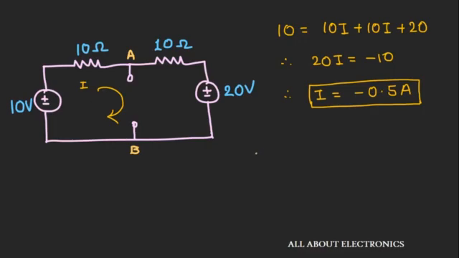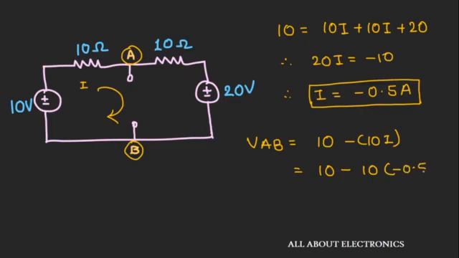Now the Thevenin's voltage is nothing but the voltage across terminals A and B. So VAB will be 10 - 10 × I, that is 10 - 10 × (-0.5), which comes out to be 5 volts. In this way, the Thevenin's voltage across these two terminals is 5 volts.